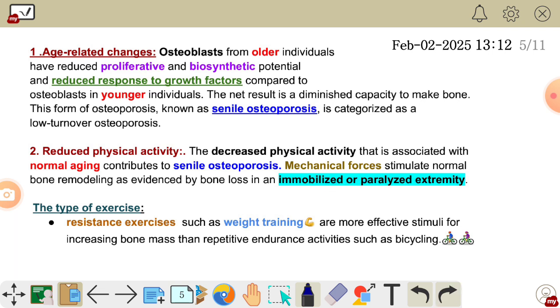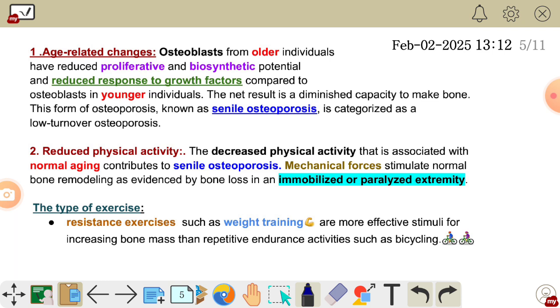So that is what it means when they say reduced physical activity. Reduced physical activity will also lead to what we call senile osteoporosis, by this mechanism of mechanical force, as we compare it to an immobilized or paralyzed extremity.